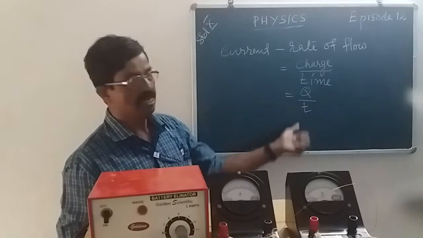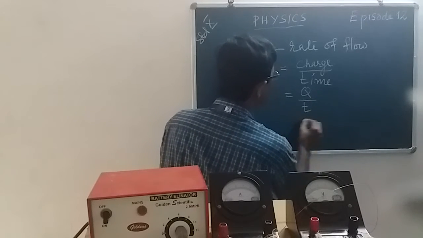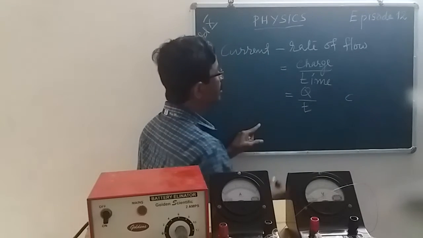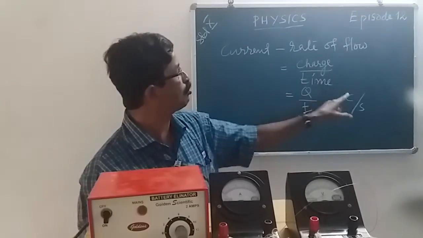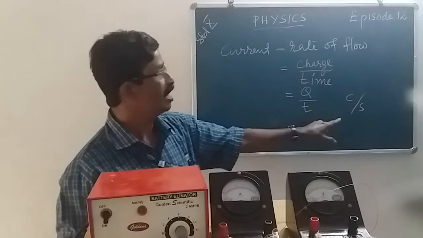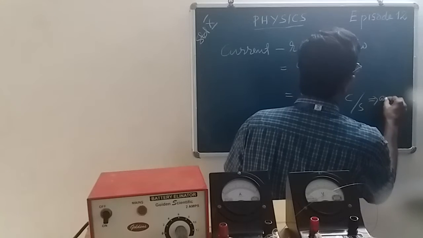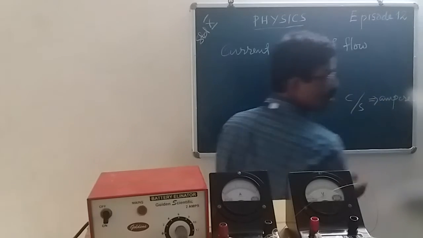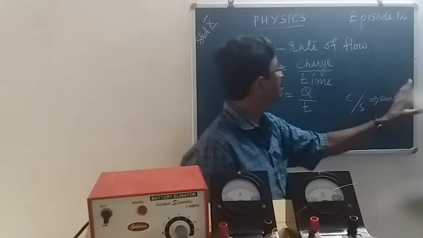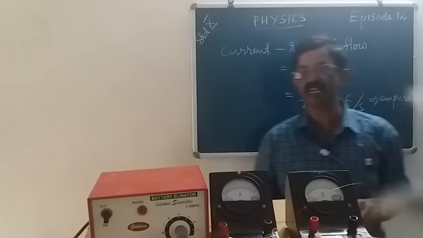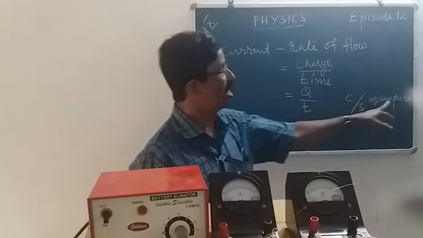The unit of electric current: Q is in coulomb and T is in second. So the actual unit of electric current is coulomb per second, which we call ampere, in the name of the scientist Andre Marie Ampere.